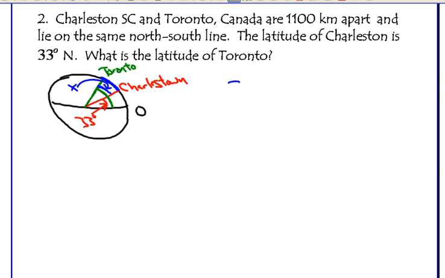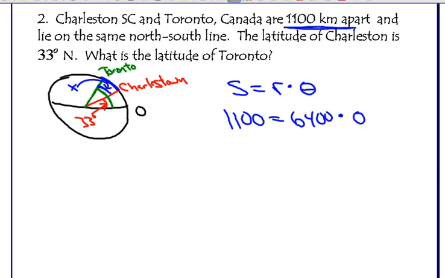Arc length equals the radius times the angle. Our arc length is 1,100 kilometers, because they gave us how far apart the cities are. The radius of the Earth, remember what that was? 6,400 kilometers.